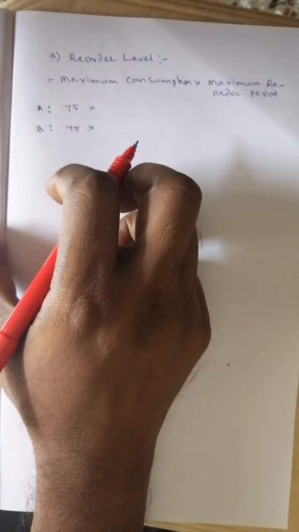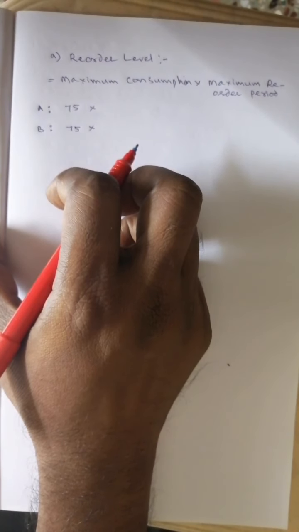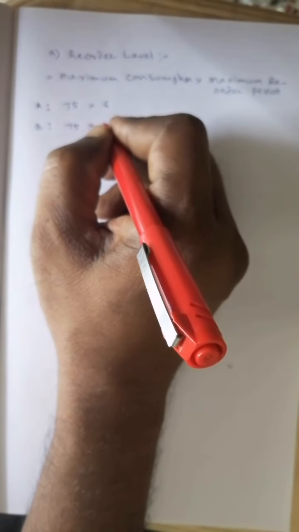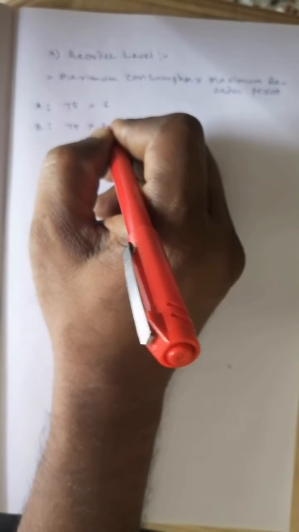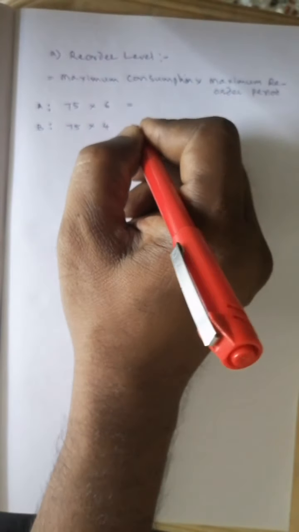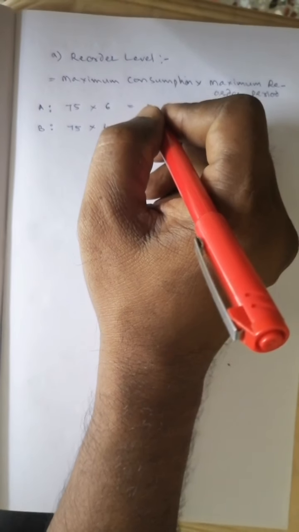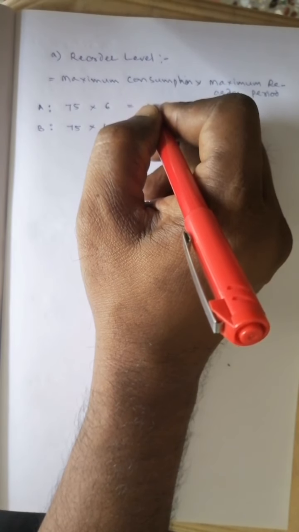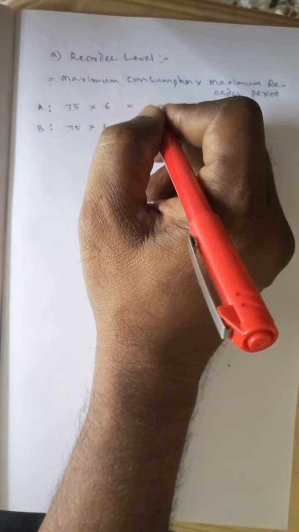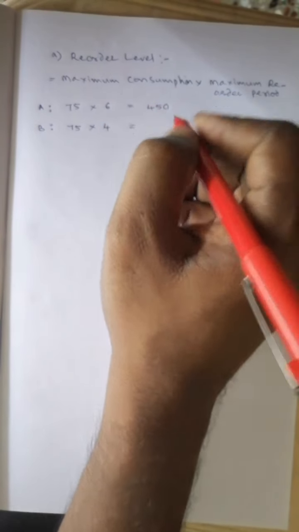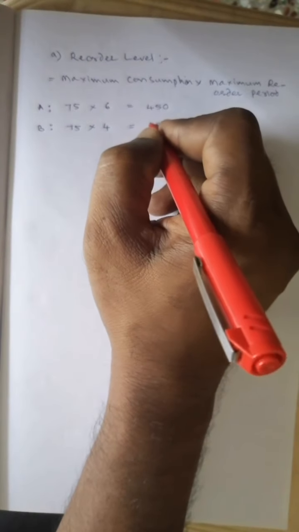So for A component it is 6 weeks, for B component it is 4 weeks. So simply 75 into 6, it is 450. 75 into 4, 300.